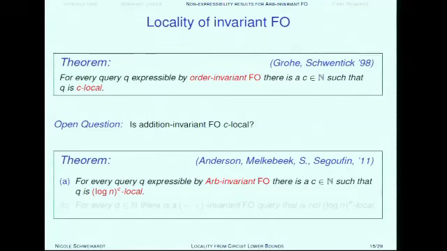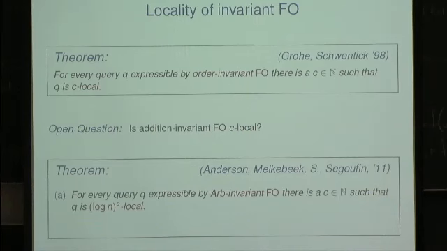So whenever two tuples have the same (log n)^c neighborhood, then they cannot be distinguished by the query. And here we really use arbitrary-predicate invariant first-order logic, so you can have some undecidable numerical predicates that are used by the formula, but still you won't be able to look farther than a locality radius (log n)^c.